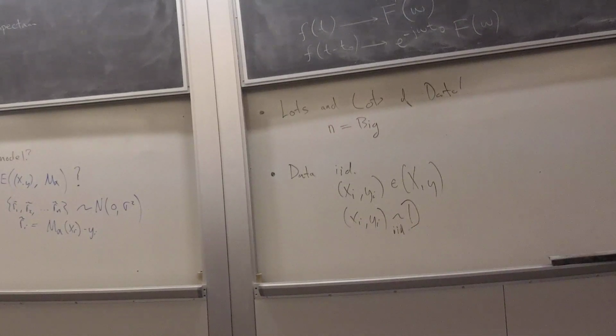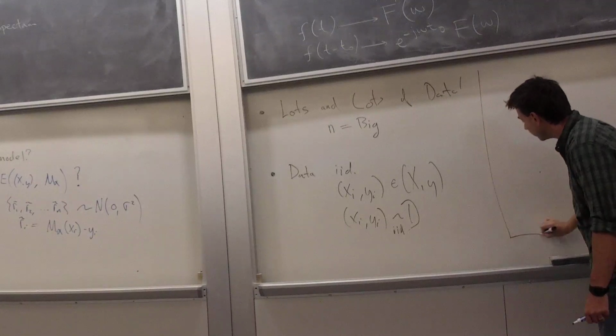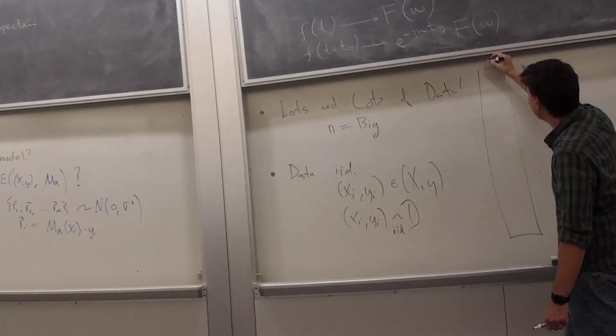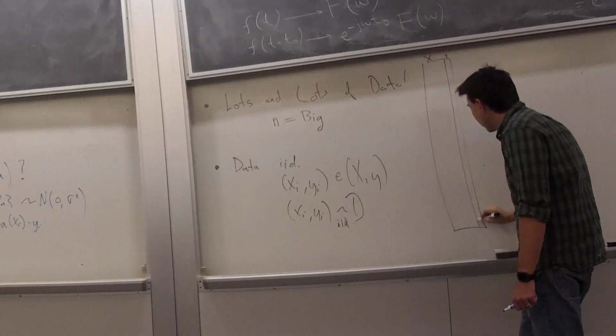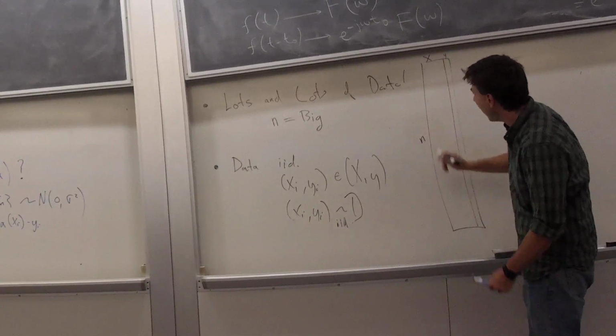Okay, and so this is also really important. What this means is that we're going to have some large data set, X and Y, right? So think of this as N.